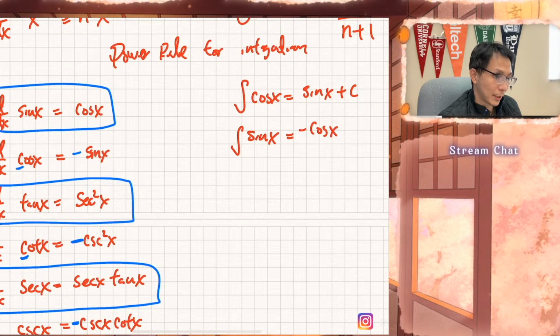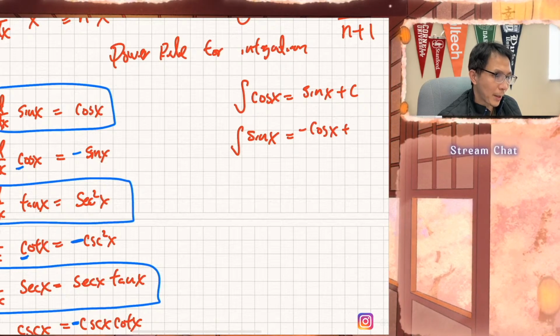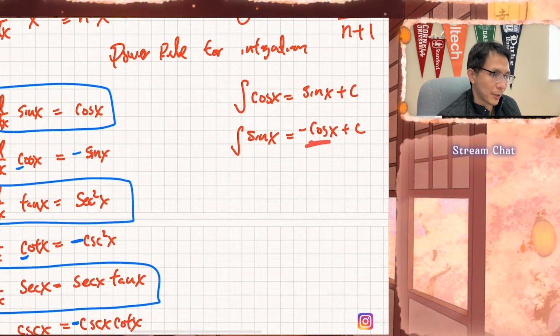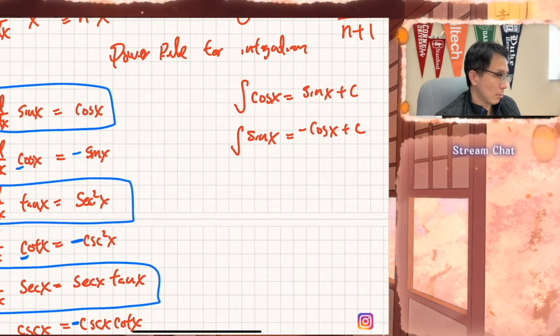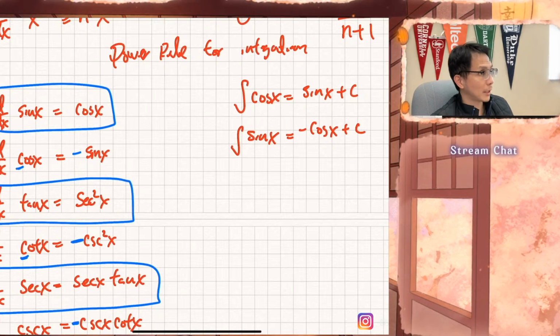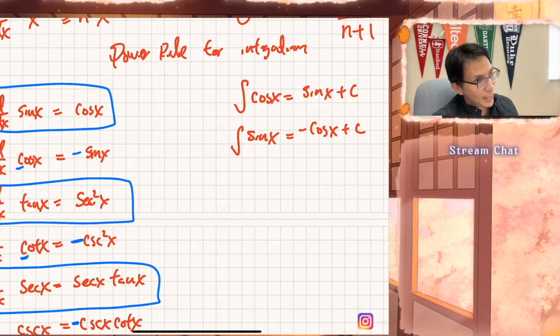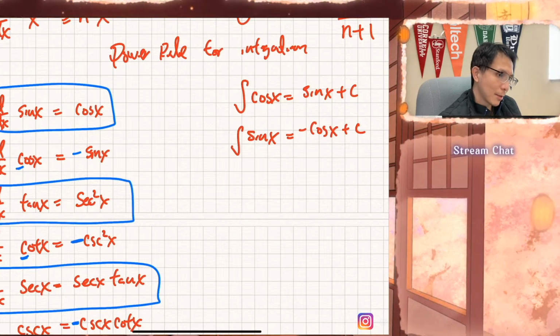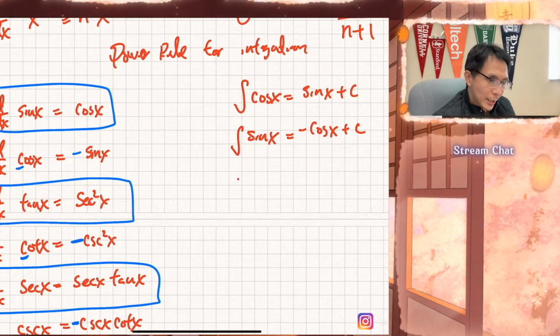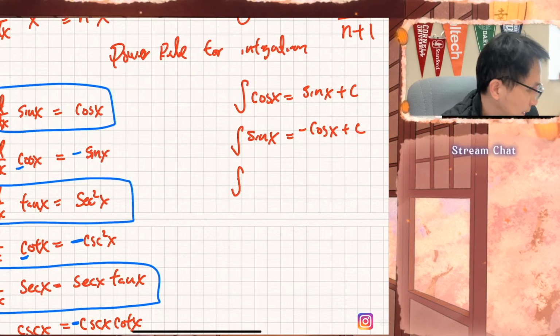Why is it negative in this case? Well, think about it. If you take a derivative of the cosine, am I going to get sine? No. If I take a derivative of cosine, I'm going to get negative sine. So you want it to be negative, so the negative can cancel out. Does that make sense?